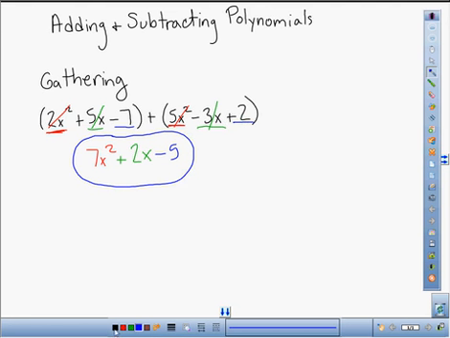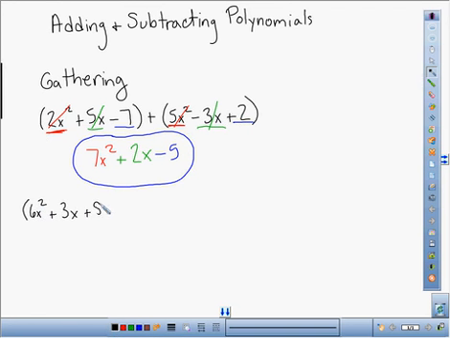The alternative to that is the stacking method. Okay? So usually they'll give you the problem in the same form. Alright? But by the stacking method, what I do is I take, let's say we have the problem, 6x squared plus 3x plus 8 plus 2x squared minus 6.